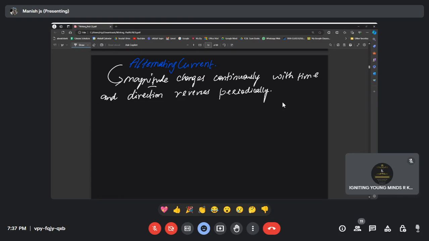So alternating current is one whose magnitude will change continuously with time and whose direction is going to reverse periodically.